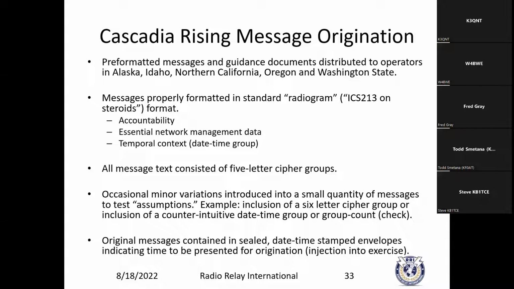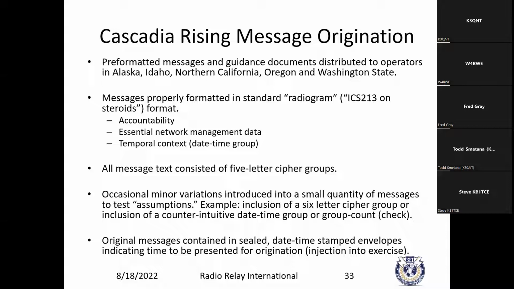So we had a conference with the officials in Washington, D.C., and came up with an alternate plan: we would create messages that consisted solely of 5-letter cipher groups. These were not encrypted messages, but rather circuit test messages.